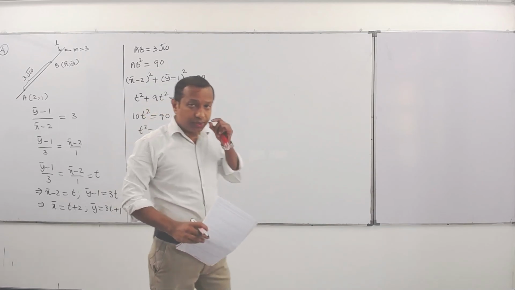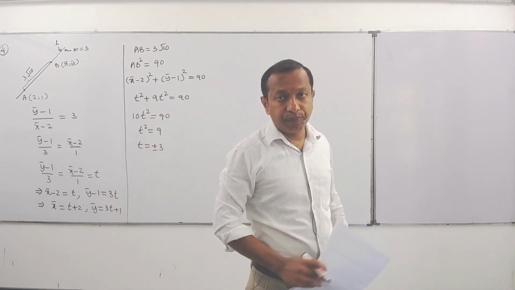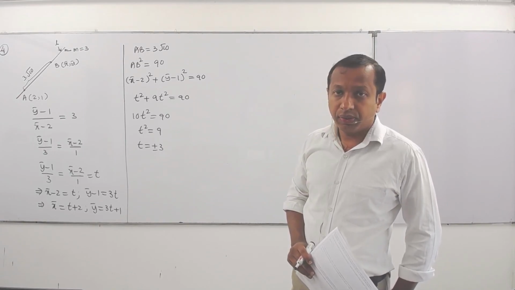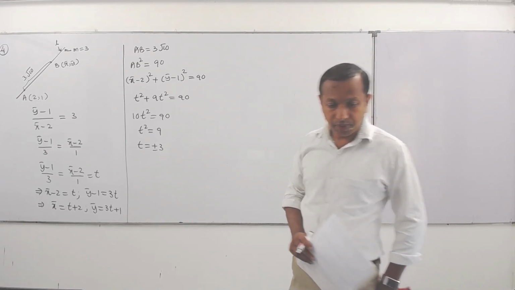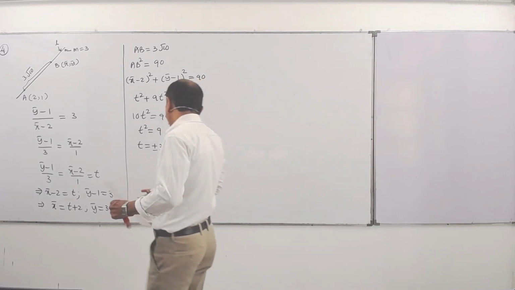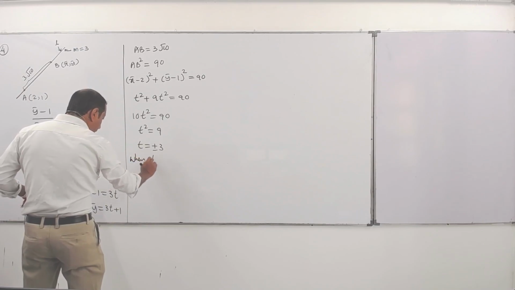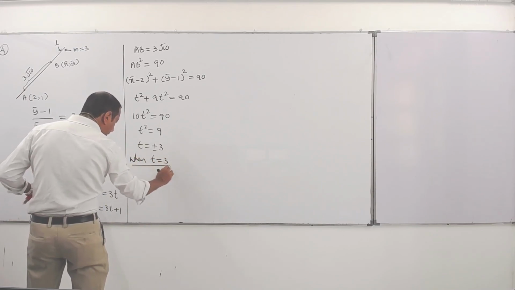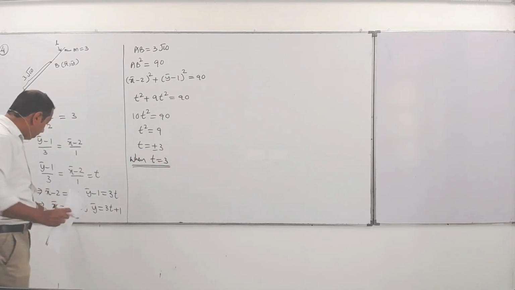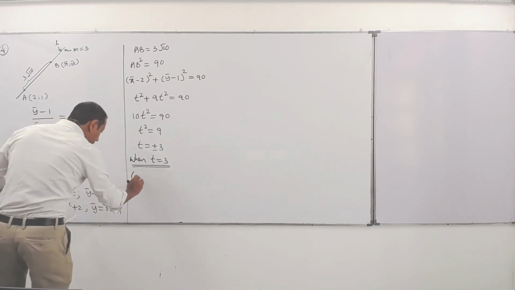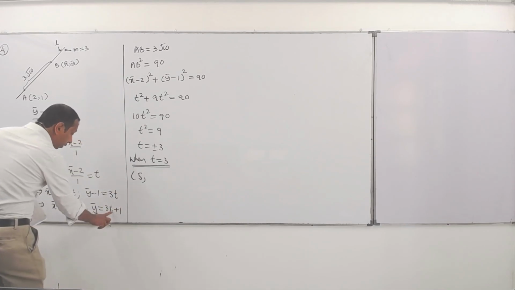We get 2 answers for this parameter t because there are 2 locations for the point B subject to the given conditions. Okay, right. Now I can put t equals 3. When t equals 3, when you put it here, we get 3 plus 2, it's 5. Here, 10.